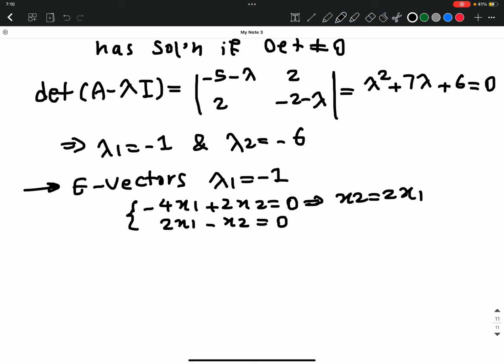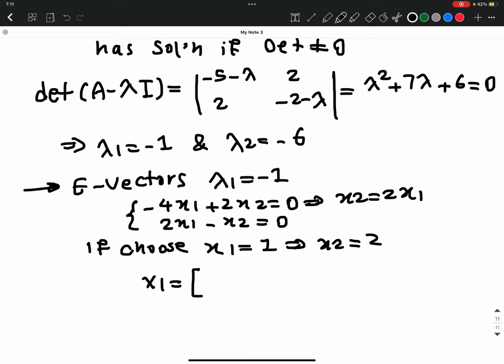If we choose x1 equals 1, then x2 will be 2. So one eigenvector is (1, 2) for lambda 1 equals minus 1, okay? So this is one eigenvector.